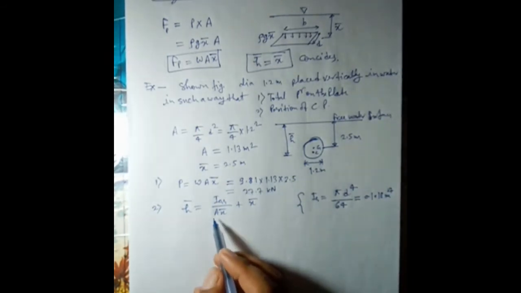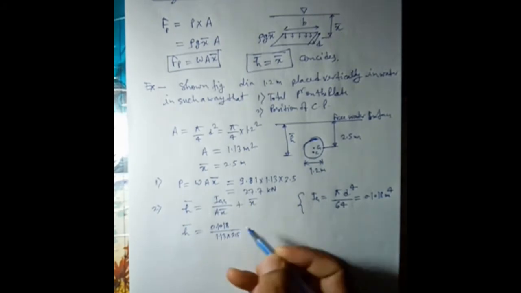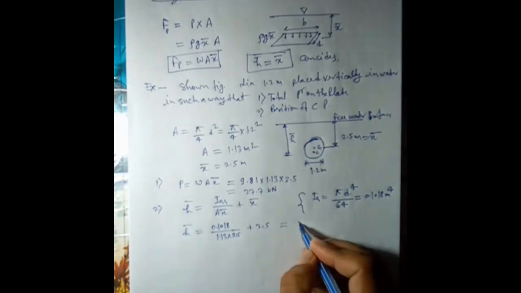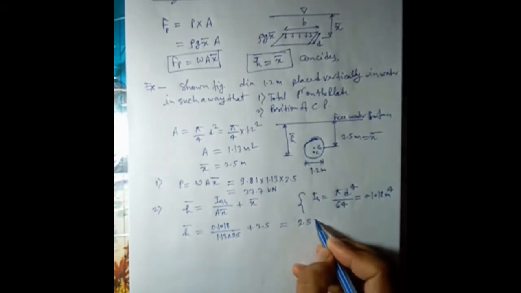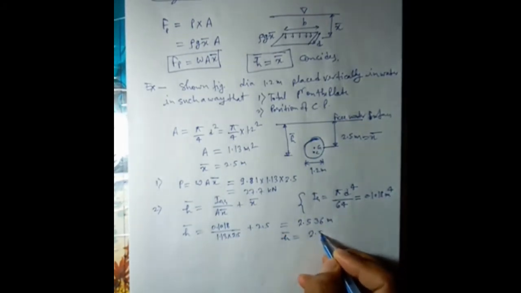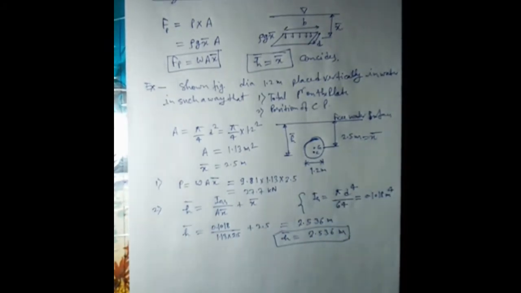Putting these values in the above equation, h bar is equal to 0.1018 divided by 1.13 into 2.5, x bar is 2.5, plus 2.5. Solve the above, we get 2.536 meter. Therefore h bar is equal to 2.536 meter. Now we have calculated the total pressure and depth of the center of pressure up to the free surface of water.